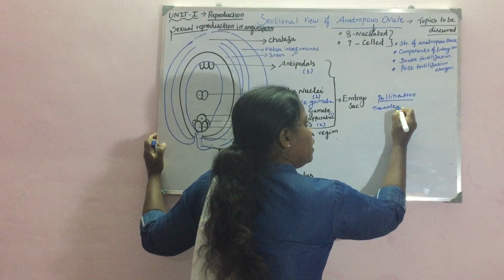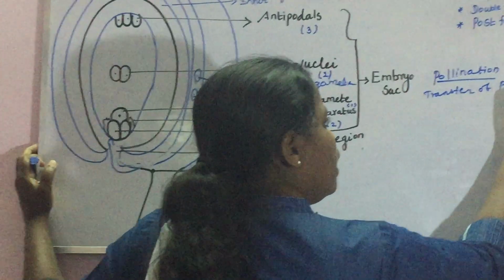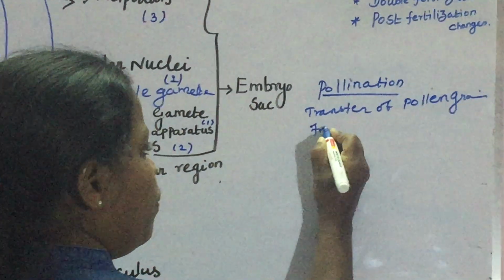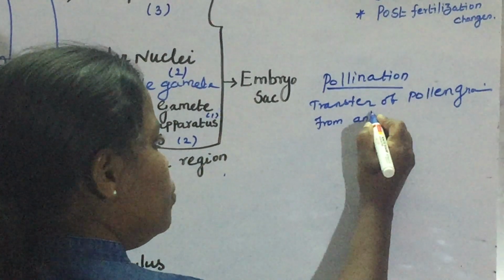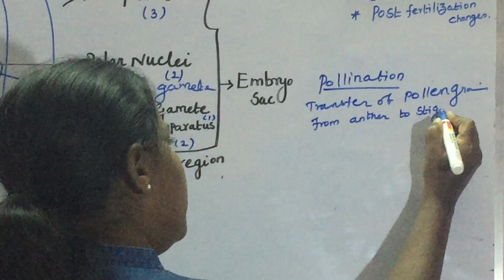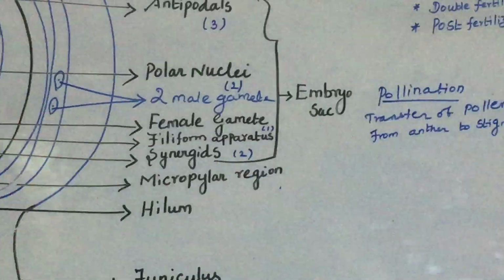Transfer of pollen grains from anther to stigma is called pollination.